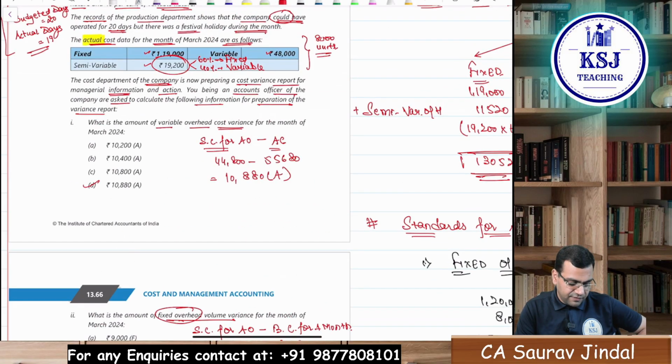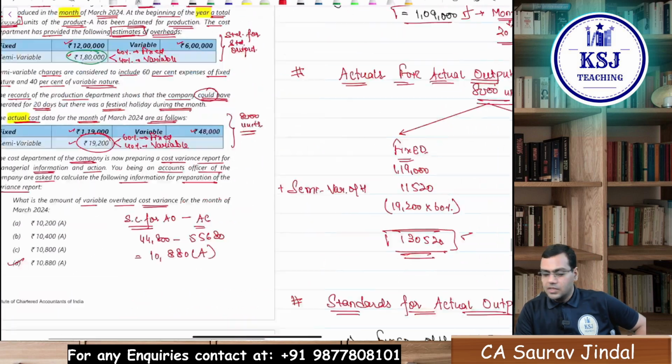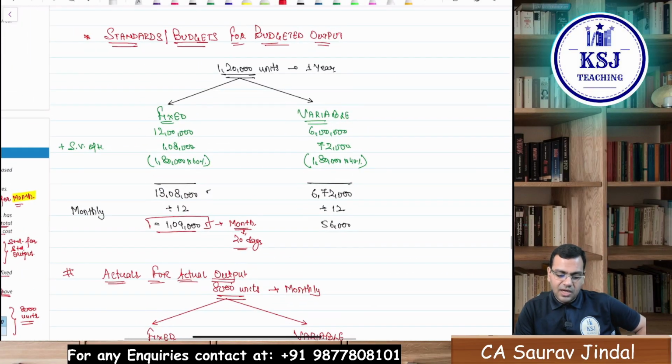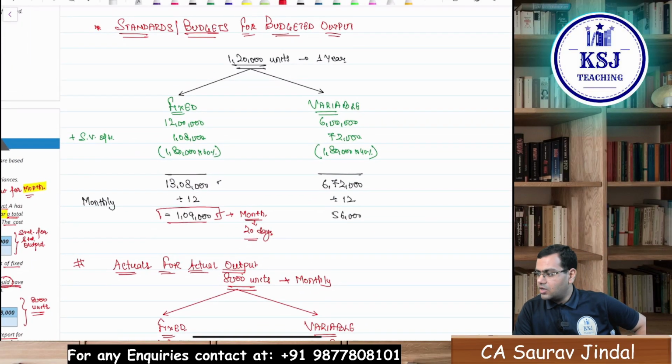A very good case study, I will say. One of the most interesting case studies on standard costing. But you have to carefully interpret it. If you have any doubts, go through this video again. Try to understand where the calculations are yearly and where they are monthly. That is one thing you have to be very careful with.